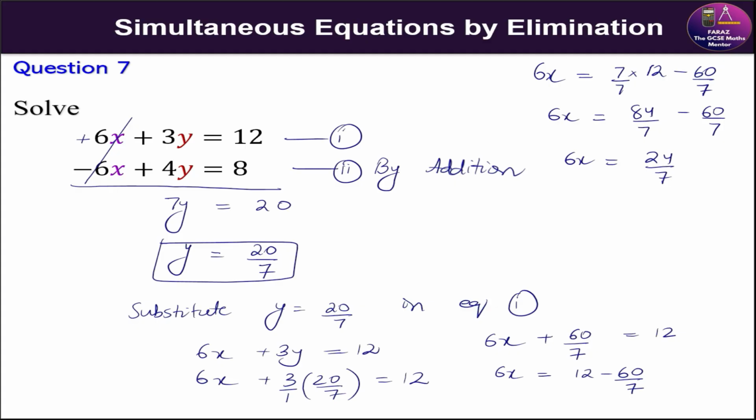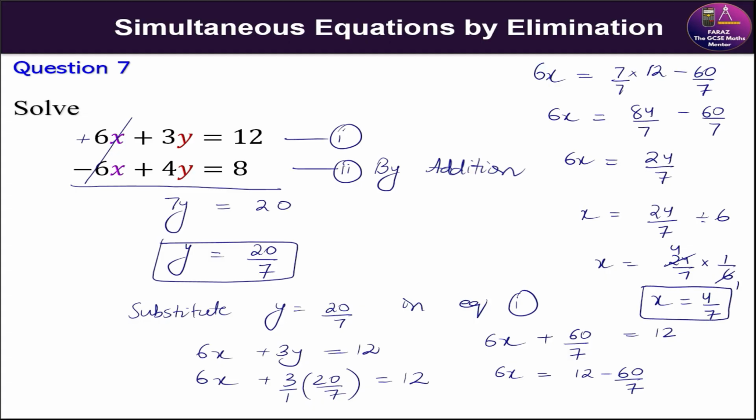And on the left hand side we have 6x. Now 6x is in multiplication on the left side, so you have to divide on the right hand side. It will look like this: x equals 24 over 7. We can just write it this way: divide by 6 means x equals 24 over 7 times 1 over 6. 6 ones are 6, 6 fours are 24, and therefore x would be equal to 4 over 7.